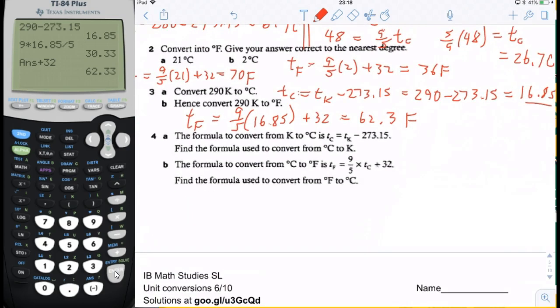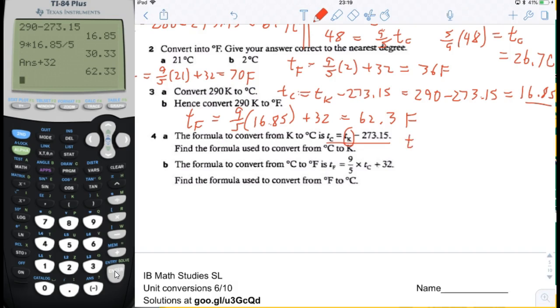Number 4. A. The formula to convert from Kelvin to Celsius is Tc equals Tk minus 273.15. Find the formula used to convert from C to K. The way you do that is you take this, and this is algebra. We're going to solve for T sub K. We're going to add 273.15 to both sides.